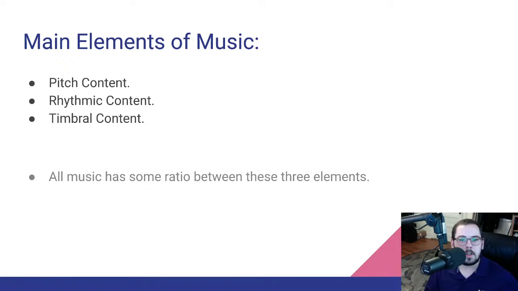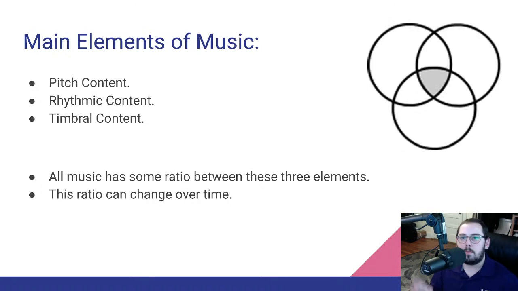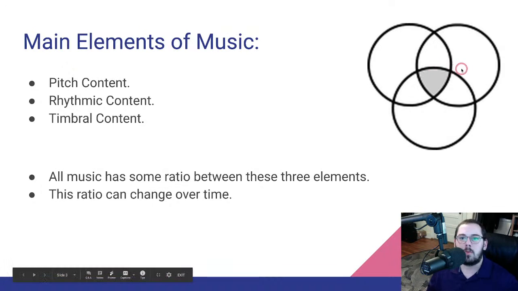Essentially, all music has these three elements in some ratio throughout its existence, and these ratios can change by different amounts. Here's a little Venn diagram. So some combination of pitch, rhythm, and timbral content can all exist in a piece of music.